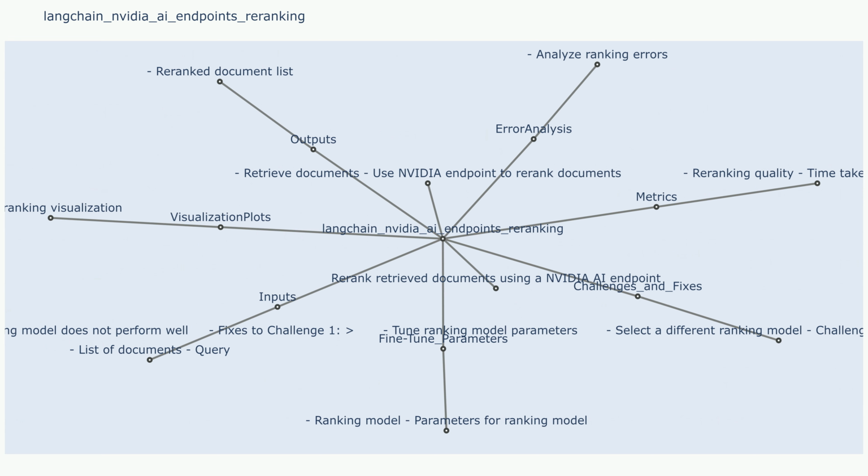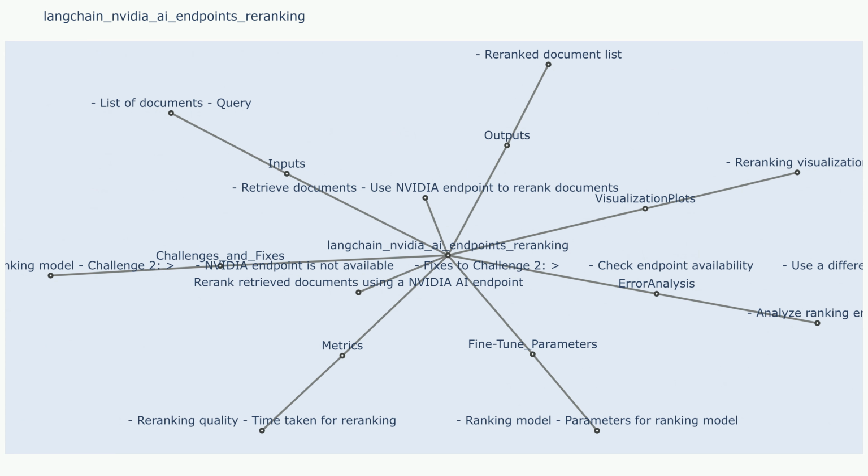Uncertainty methods. Confidence scores provide an estimate of the re-ranking model's confidence in its predictions, allowing for a more nuanced interpretation of the re-ranked results. Ensemble methods combine predictions from multiple re-ranking models to reduce uncertainty and improve the overall robustness of the system.